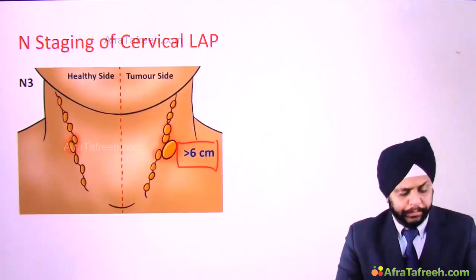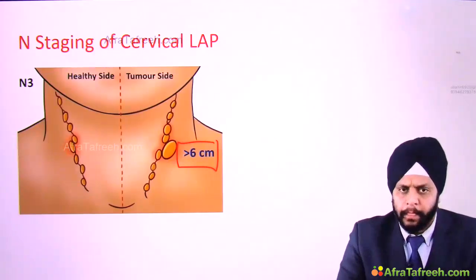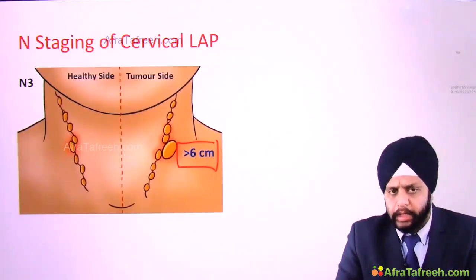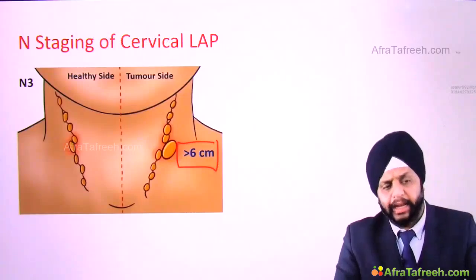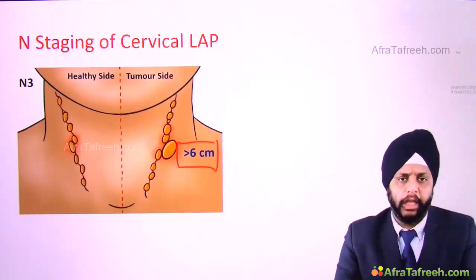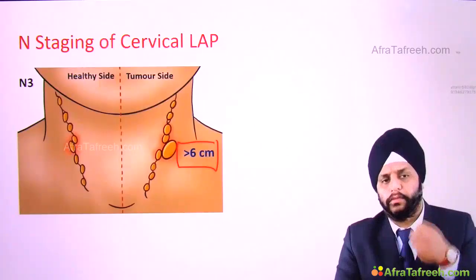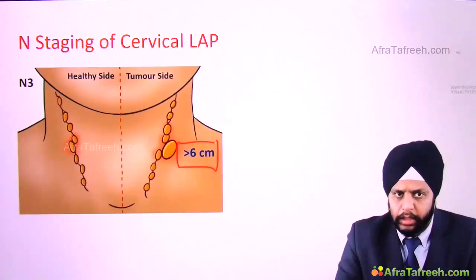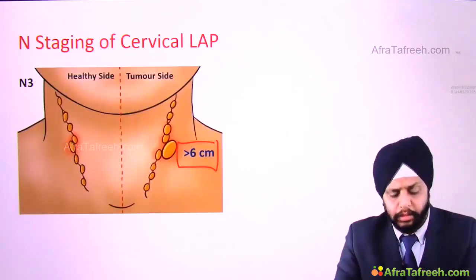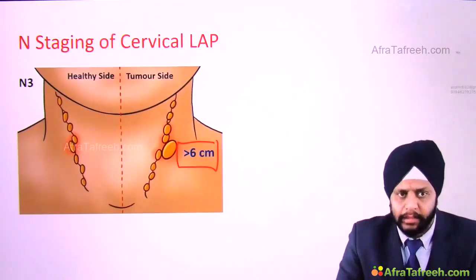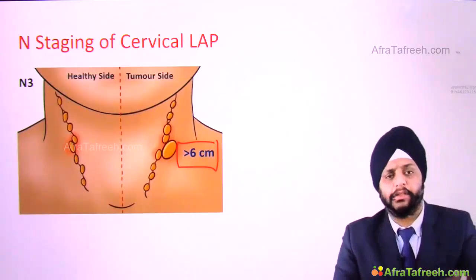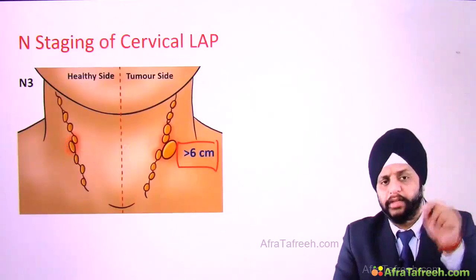Right? Now, remember, NPC, nasopharyngeal carcinoma, has an early lymph node metastasis, and yet the prognosis is good. Okay, the prognosis is still good. What does that mean? It does not follow this staging.